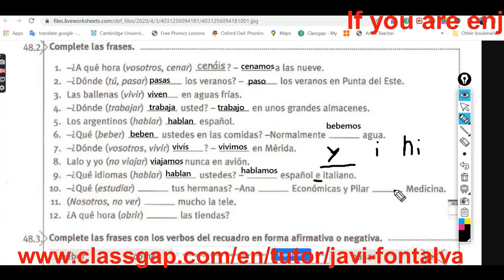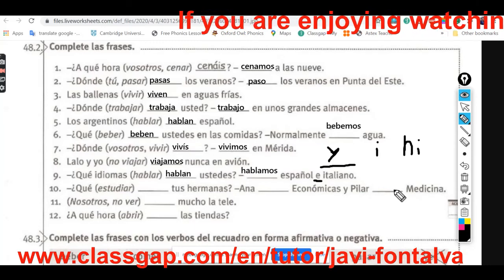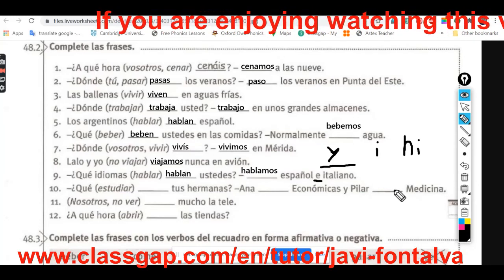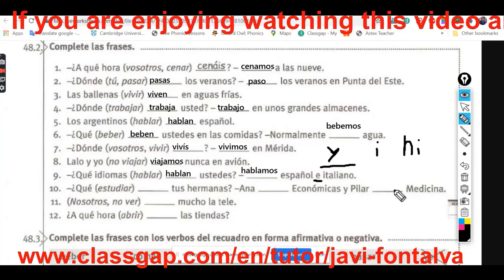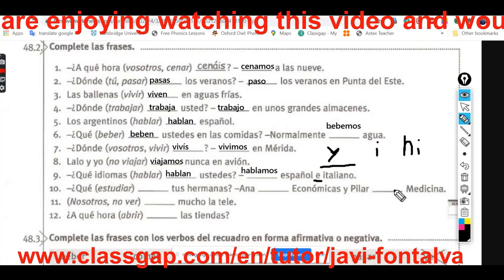Cacophony basically means ugly sounding, so you repeat the same sound twice, like EE. So in order to avoid this, we say e italiano.